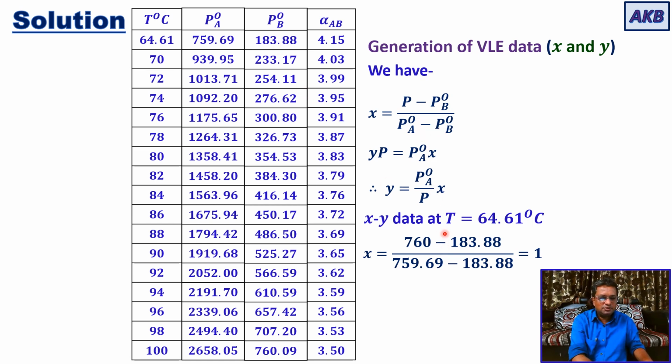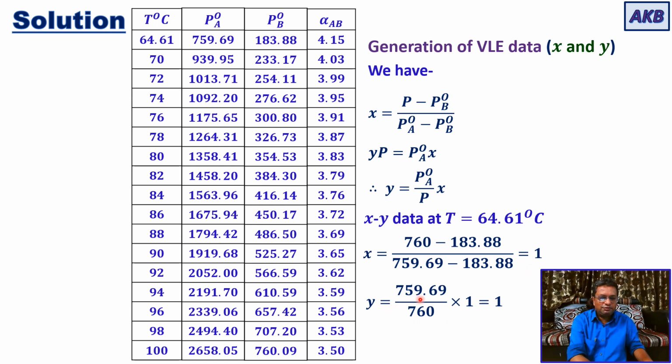PB naught is 183.88. So if you simplify it, if you solve it, you'll get X as 1. Then we will use this equation to get Y. So Y is equal to PA naught. PA naught is 759.69 divided by P, total pressure, which is 760, into X that we got earlier, which is 1.